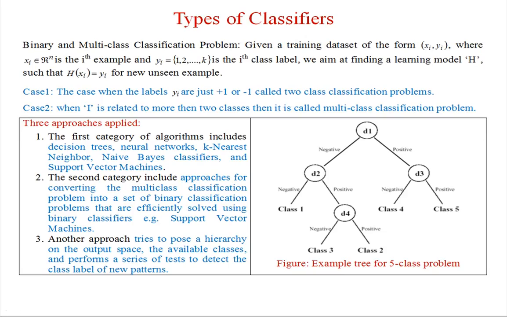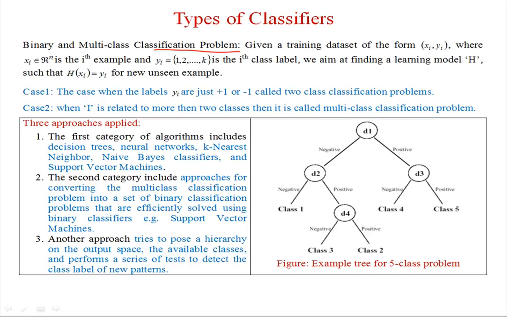Now, types of classifiers. Binary and multi-class classification problems. For a given training set of the form (xi, yi), where xi belongs to R^n and represents the ith example, similarly yi ranges from 1 to k and is the ith class label. We aim at finding a learning model H such that H(xi) is equal to yi for a new unseen example.